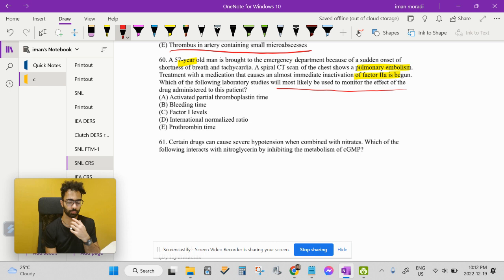I told you guys I'm really, really bad at these, but I'm at least going to show you how to answer a question when you're really bad at something, because stuff like this happens, and it's good to at least choose a sensible answer when you don't know what's going on. Immediate inactivation of factor 2A, right? That makes me think of... actually, I got nothing. I'm just going to skip this question.